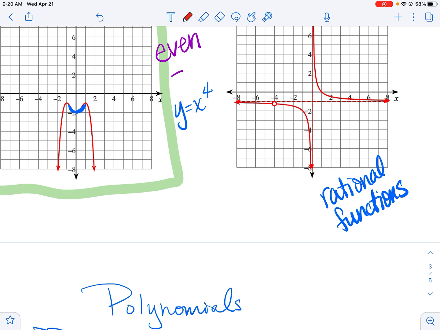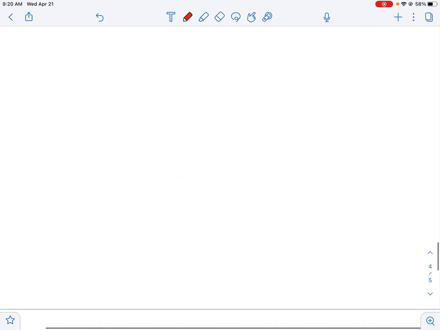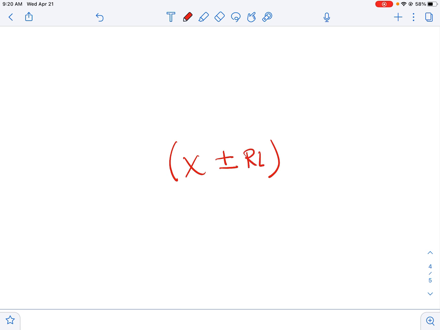So you need to be able to identify each one of them, and remember that no matter what the parent function is, if you put a number inside parentheses next to the x, you are moving it right or left. And these are opposites. So a positive number moves it left and a negative number moves it right.